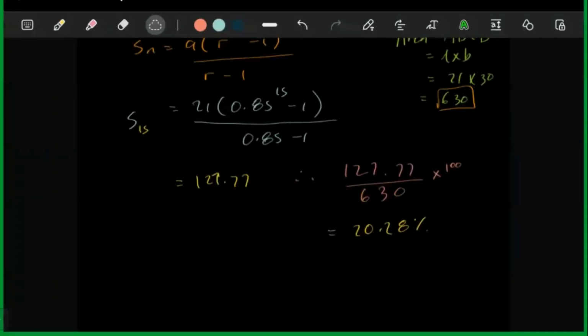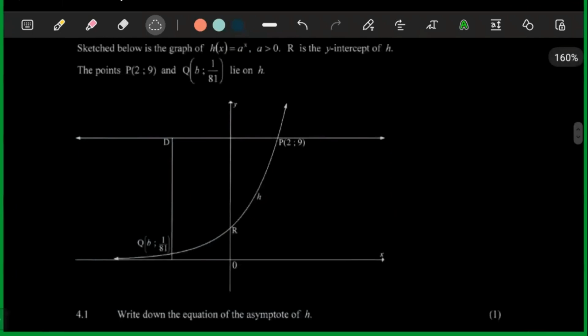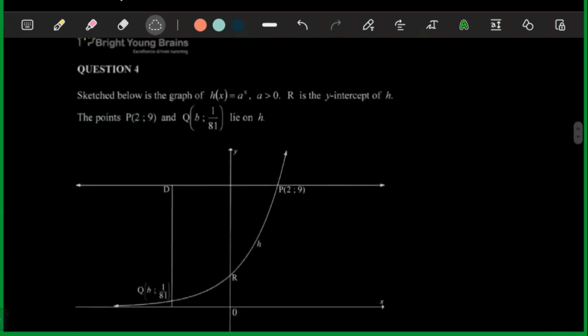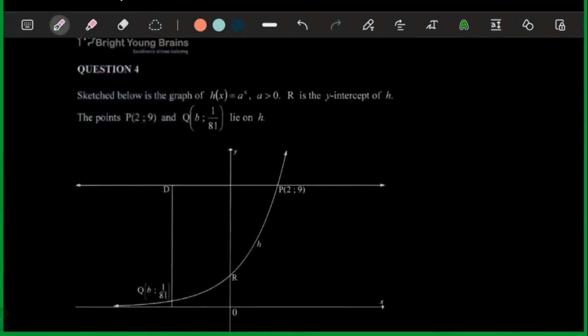Question number 4. Yeah, this question is very interesting. It's a normal exponential graph though, so let's take it nice and slow. It says here, sketched below is the graph of h. So for this graph of h, we have an a value that is bigger than 0.